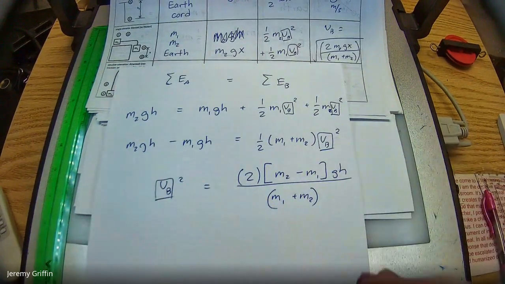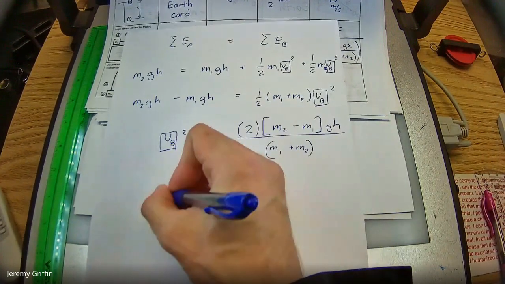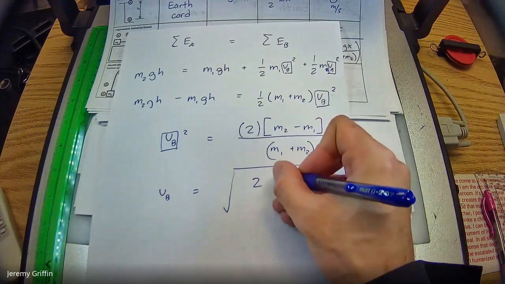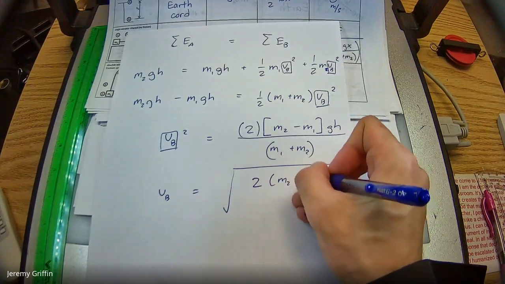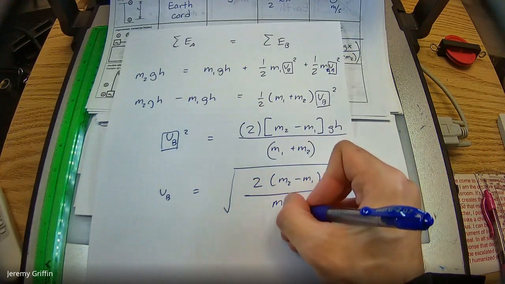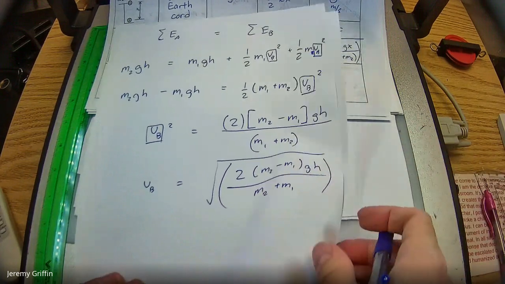Yeah, I threw a few algebra steps in there, but that's what that would be. Then last step, square root. 2 times difference of masses, gh over the sum of the masses. Just like that. That's the answer.